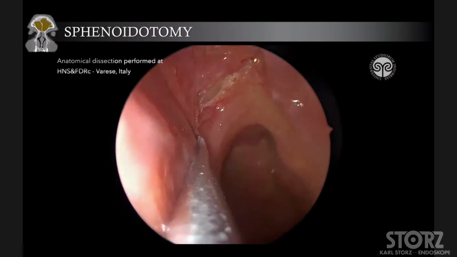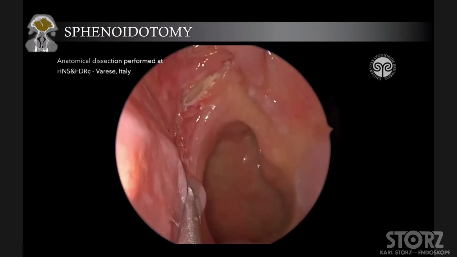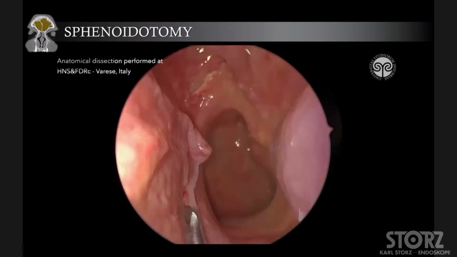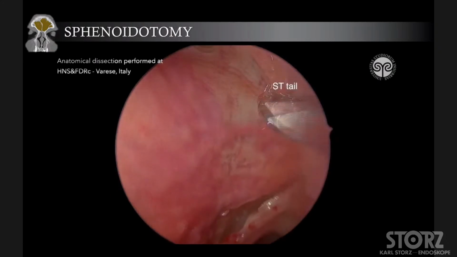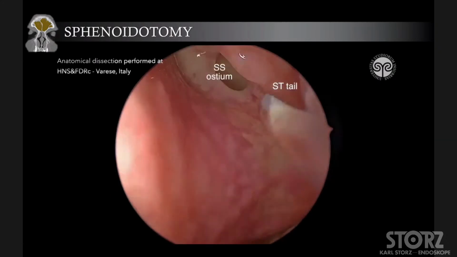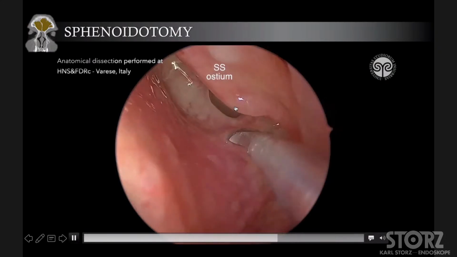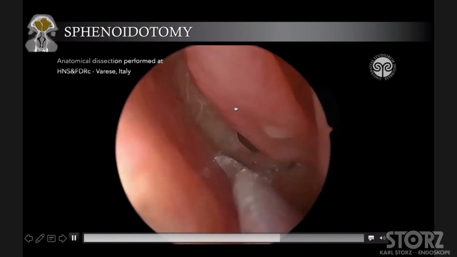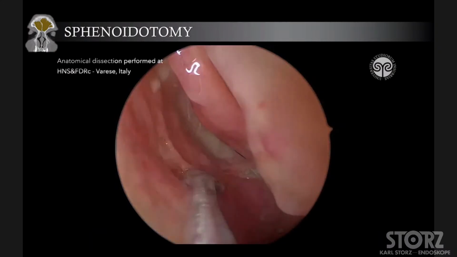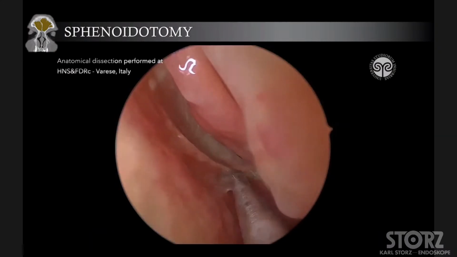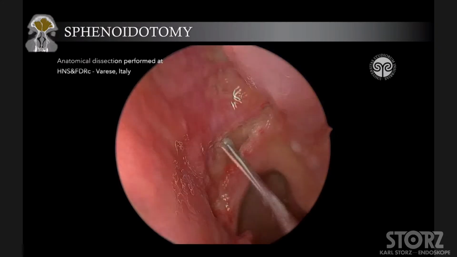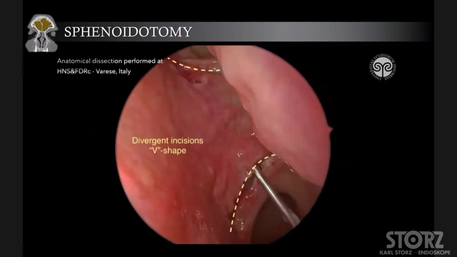You can see. And here we are cutting the mucosa, and this is sphenoid ostium. We are performing now the pedicle of the so-called Haddad flap. Only to understand that in this area there is the septal branch of the sphenopalatine artery.